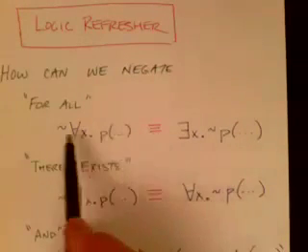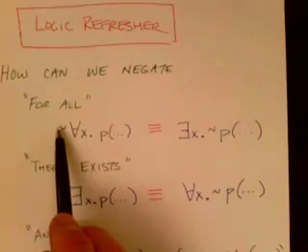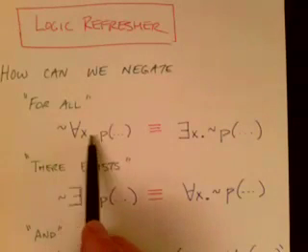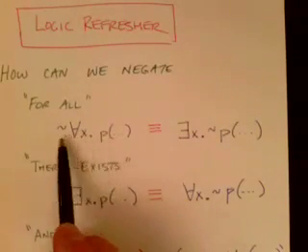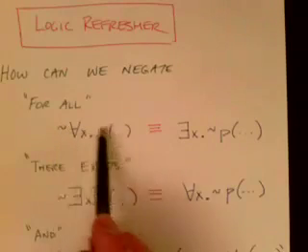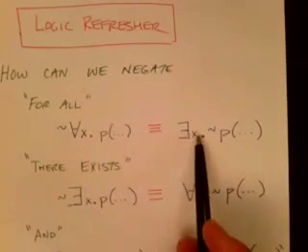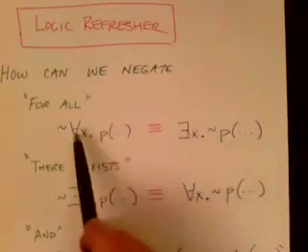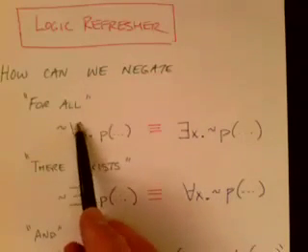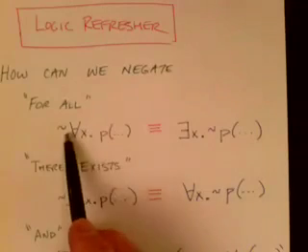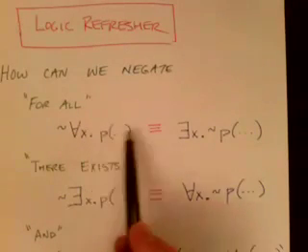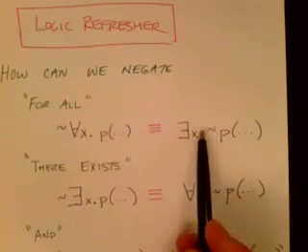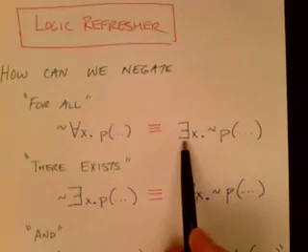And notice we have this property that if we want to negate a universally quantified expression, we can say it's equal to this expression. We can negate it by pushing the negation sign past the for all sign, and when we do that, we basically turn the for all sign into a there exists sign.